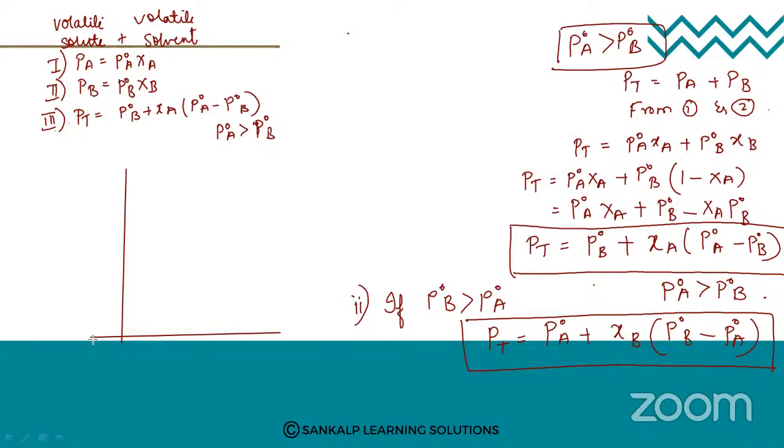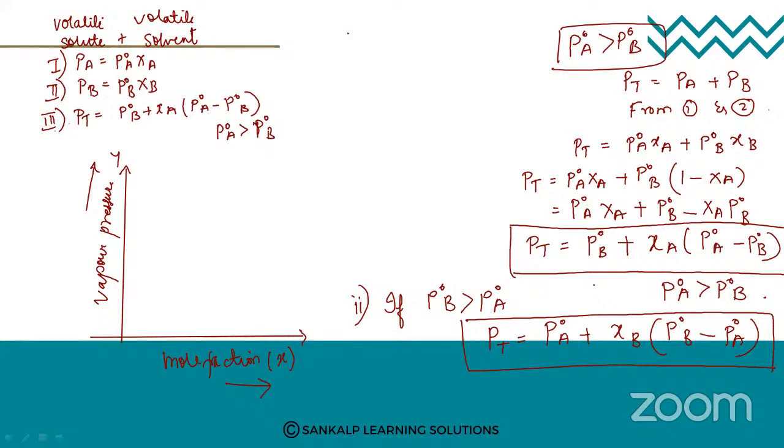At the y-axis, we have vapor pressure, and at the x-axis, we have the mole fraction, denoted by chi. So this is the y-axis, and this is your x-axis.